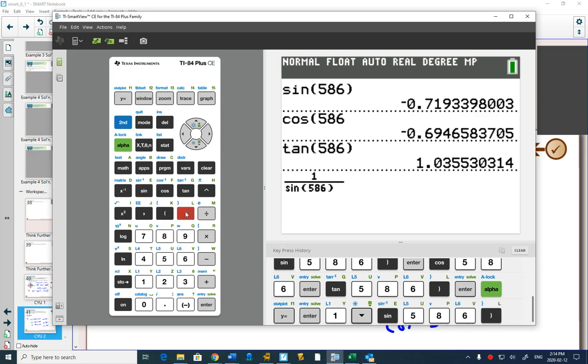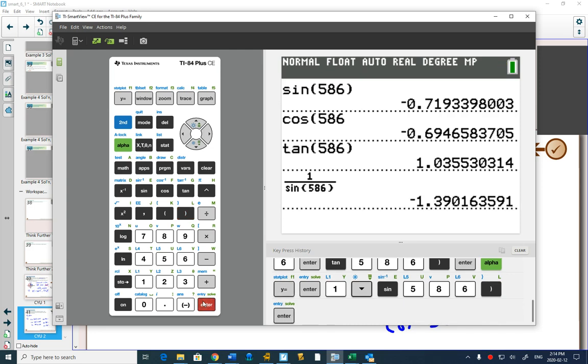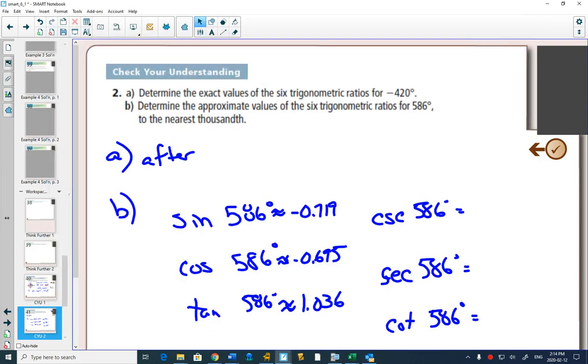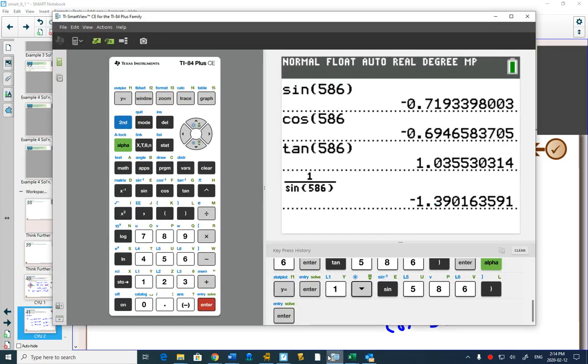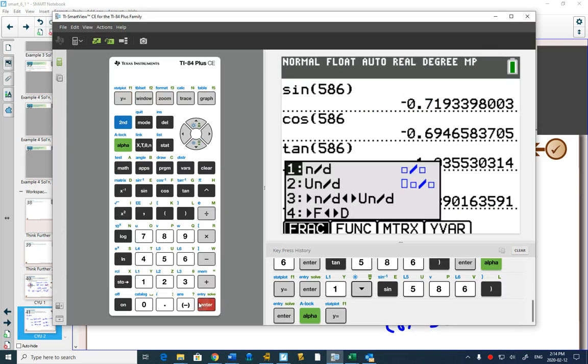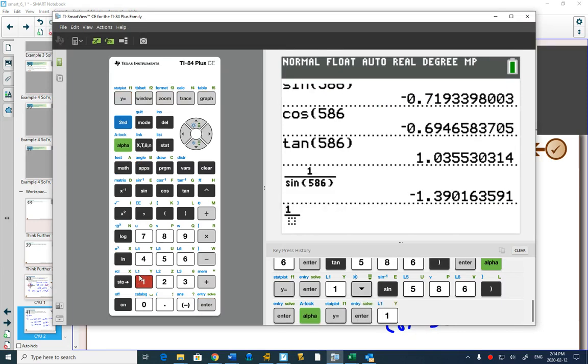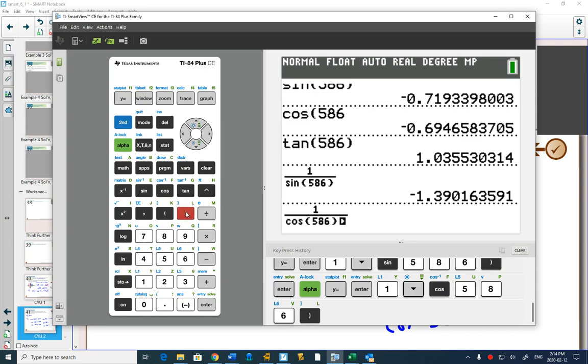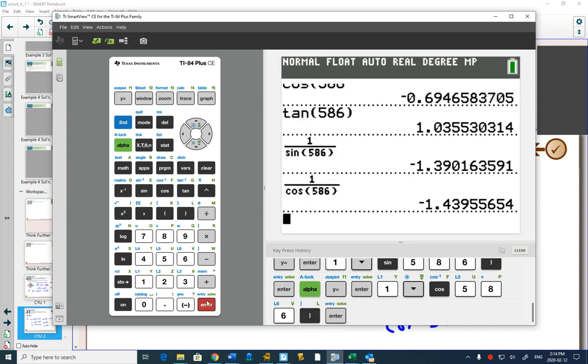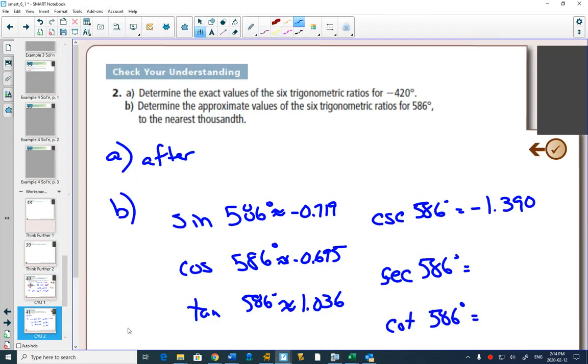So if I do 1 over sine of 586, I get negative 1.390. Same thing with 1 over cos of 586, negative 1.440.